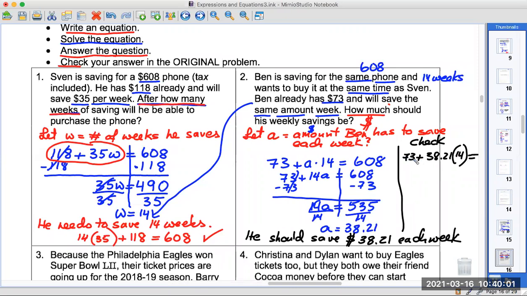Okay, let's try it. 73 plus 38.21 times 14. It might be a tiny bit off. Think about why. $607.94. Think about it. Why is it off?